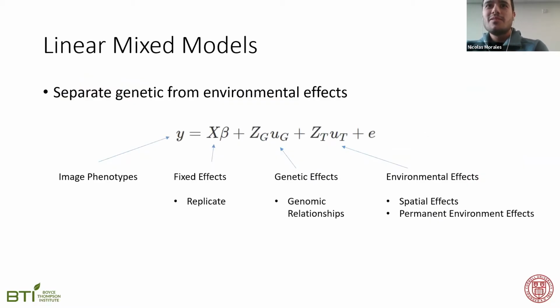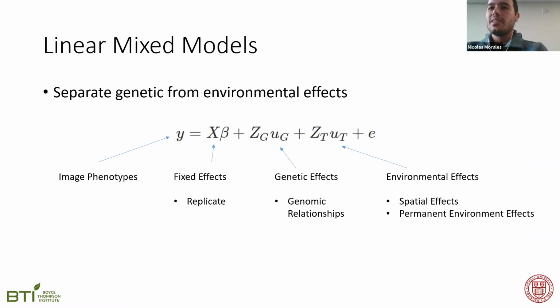But once I have these phenotypes, I use linear mixed models to separate genetic from environmental effects. So for the fixed effect, I account for the replicate in the field.